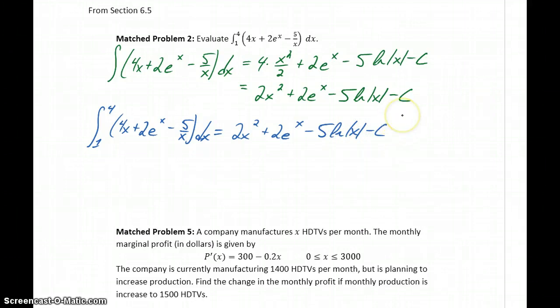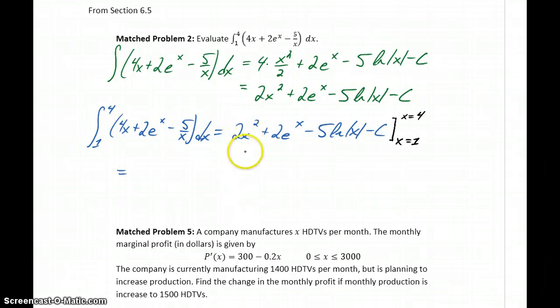There are a couple of different ways that this gets notated, but the way I do it is to draw either a vertical bar or a bracket here, and I'll write from x equals 1 to x equals 4. Meaning we're going to plug in x equals 4 into this expression, plug in x equals 1 into this expression, and then figure out the difference there.